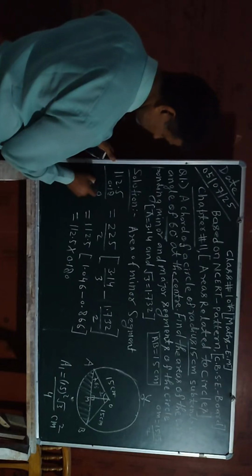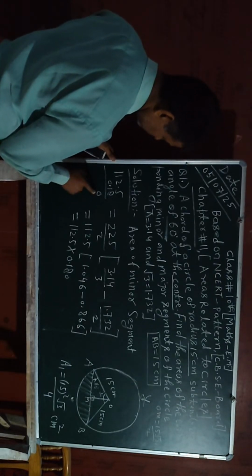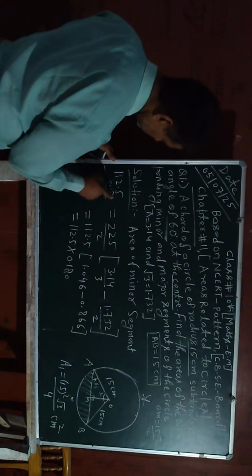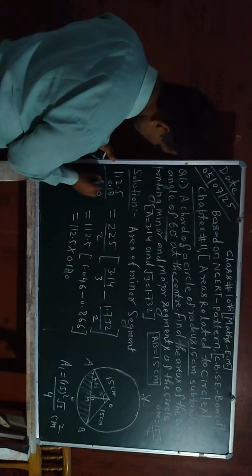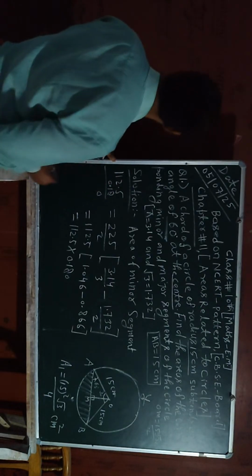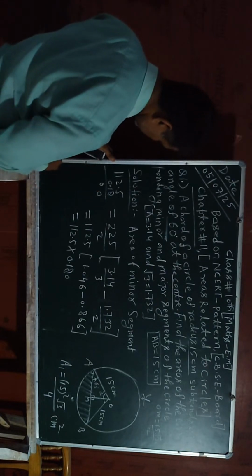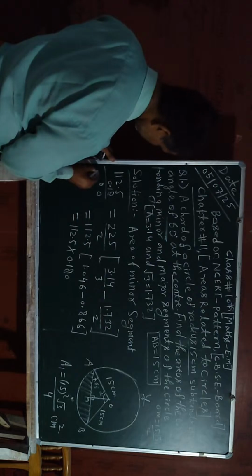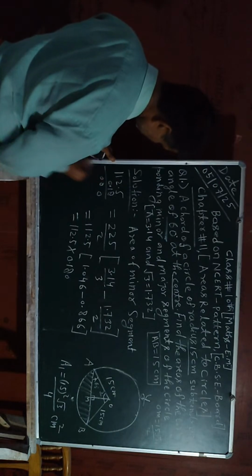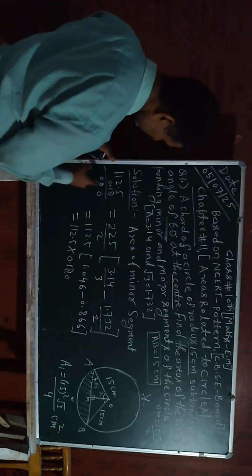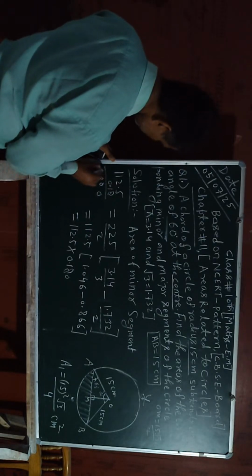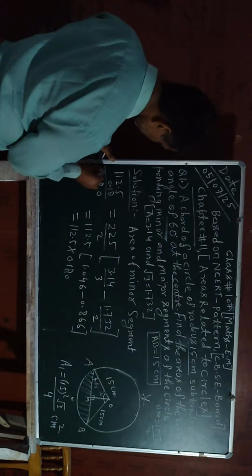So carry will be 4 and this value will be 0. 8 to the 16 of 420 is 0, carry 2. 8 1 the 1, 8 1 the 8 plus 2 10. 0, carry will be 1. 8 1 1, 8 1 8 plus 1 9.